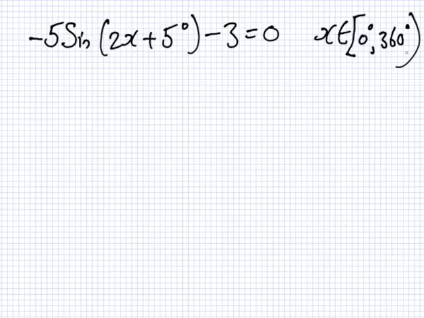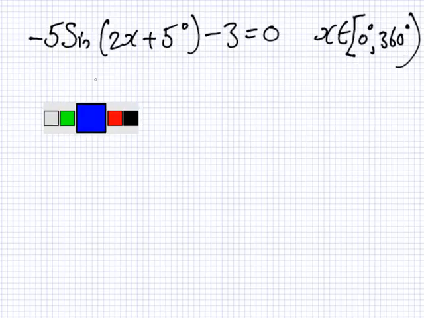Now I'll give you a trick. The trick here is usually the number of answers is this number multiplied by 2. Now this doesn't always work because if I make this smaller or if I make it bigger, I can get more or less answers.